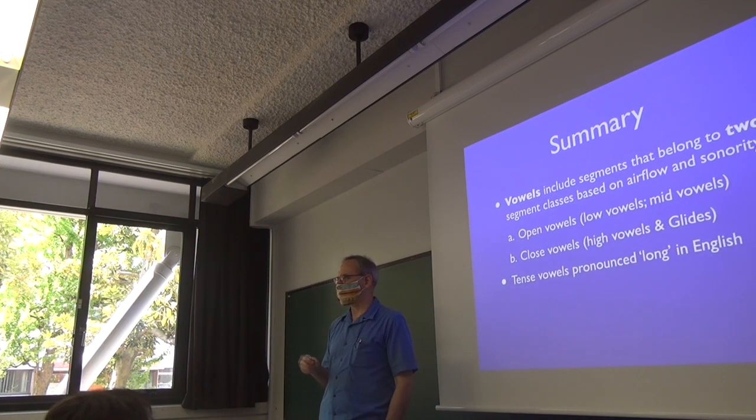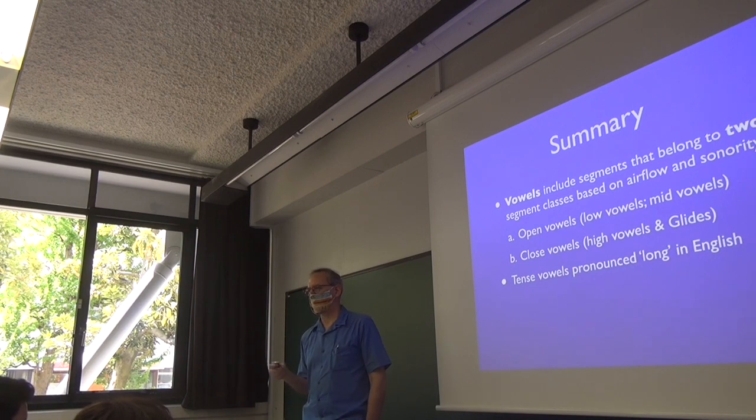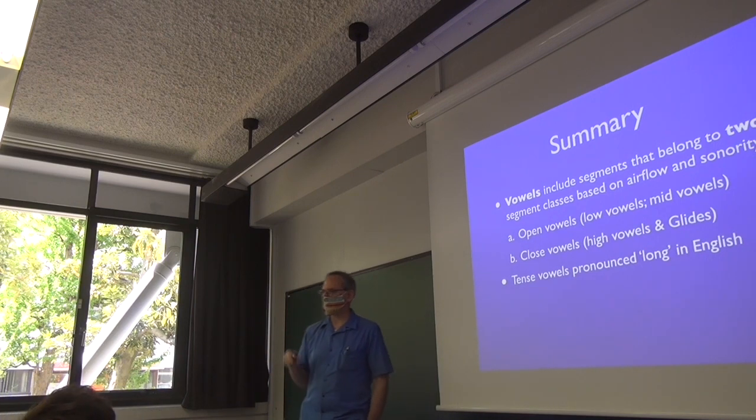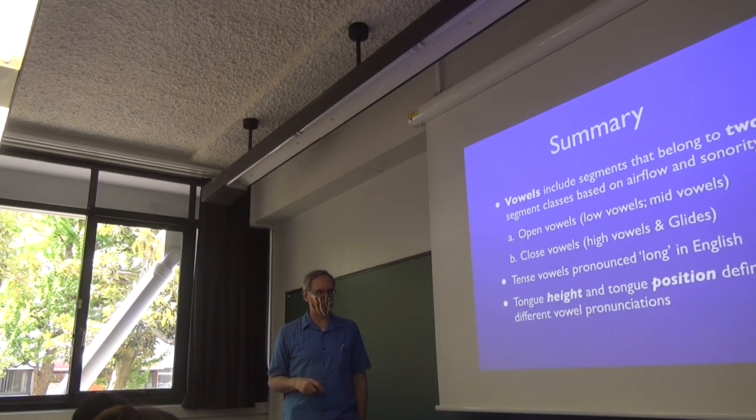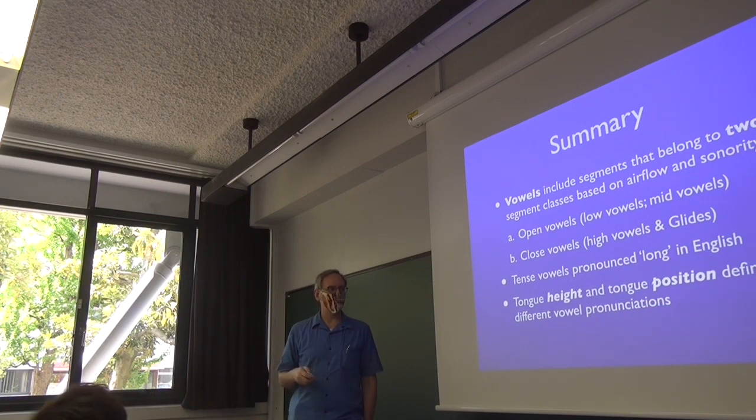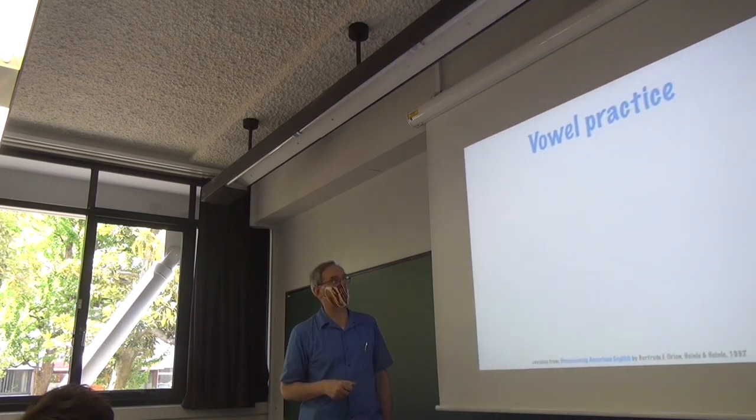We've seen now several examples where tense vowels, when pronounced in English, are lengthened. If they are high vowels, they're just lengthened. If they're mid vowels, they'll be diphthongized. Tongue height and tongue position, whether front or back, high or low, will define the different vowel pronunciations.